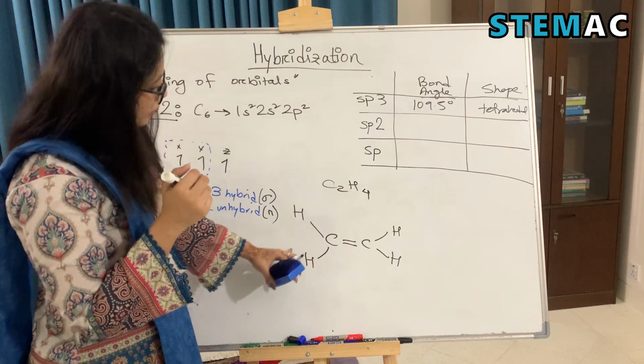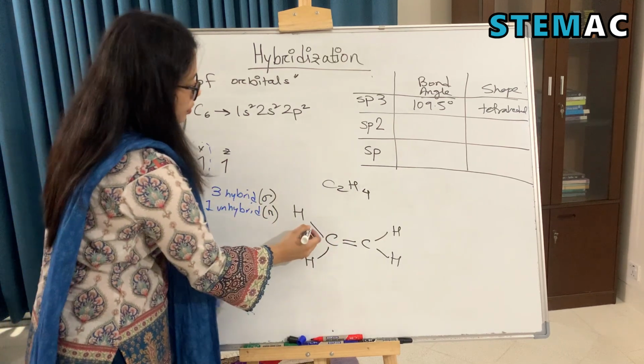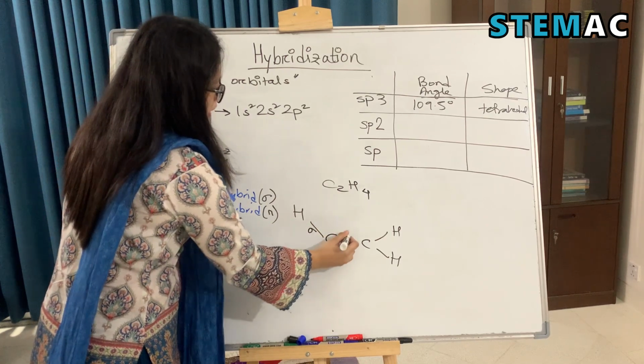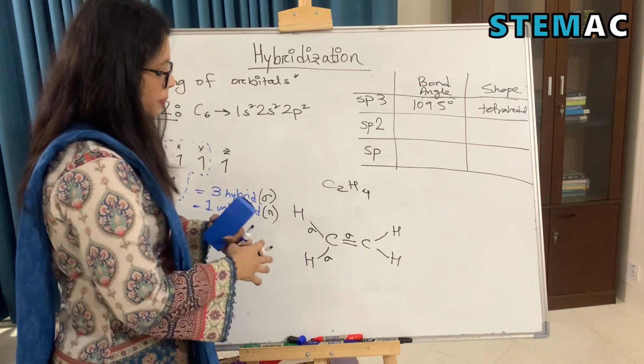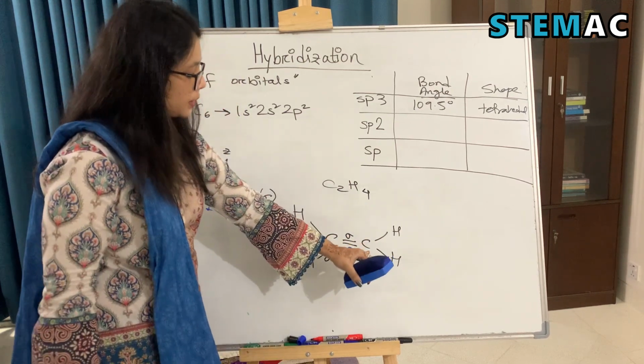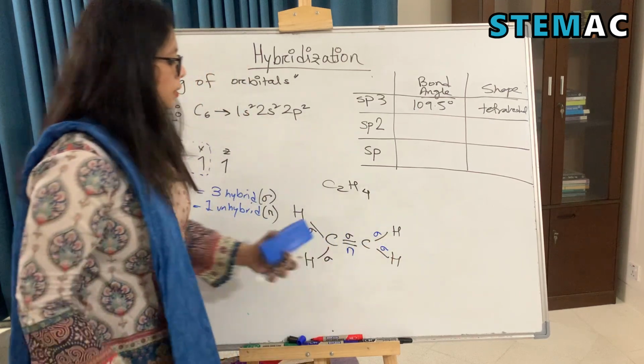So if there are 4 bonds in the central carbon atom, 3 of them would be sigma bonds, and 1 is pi. And the same goes for this carbon as well. All these are sigma bonds and 1 is a pi bond.